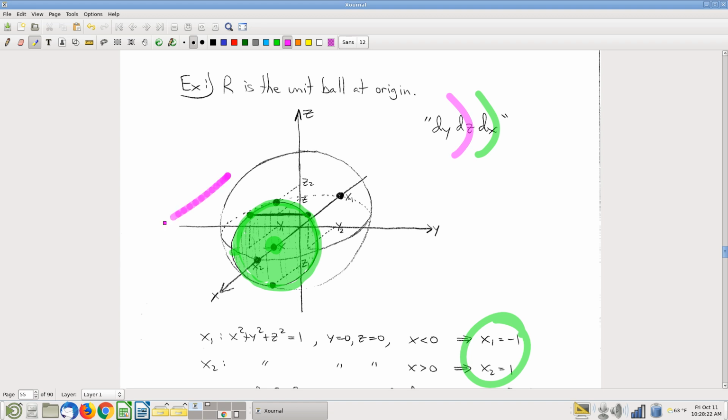So z slices. If I take a z slice, as I move perpendicular to the z-axis, if I take a z slice of this x slice, I'm going to get something that looks like that. Okay, so our z slices look like that.